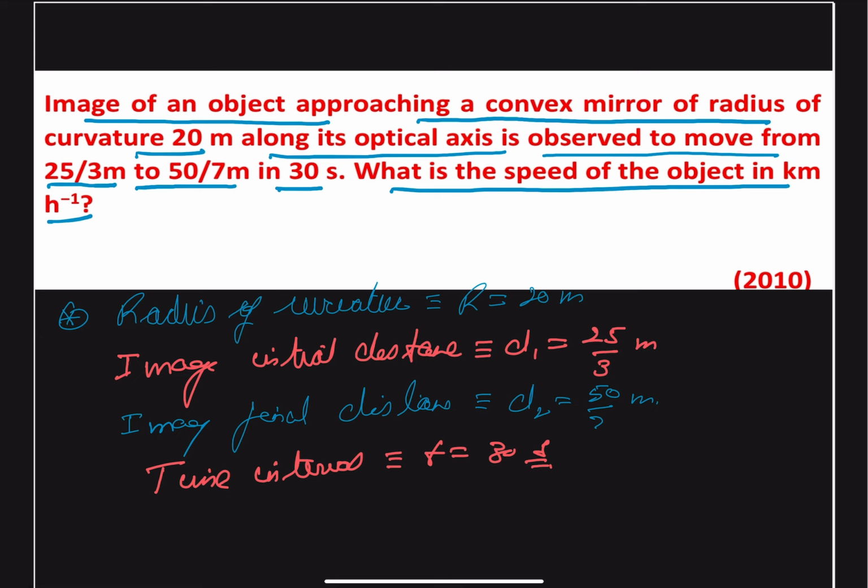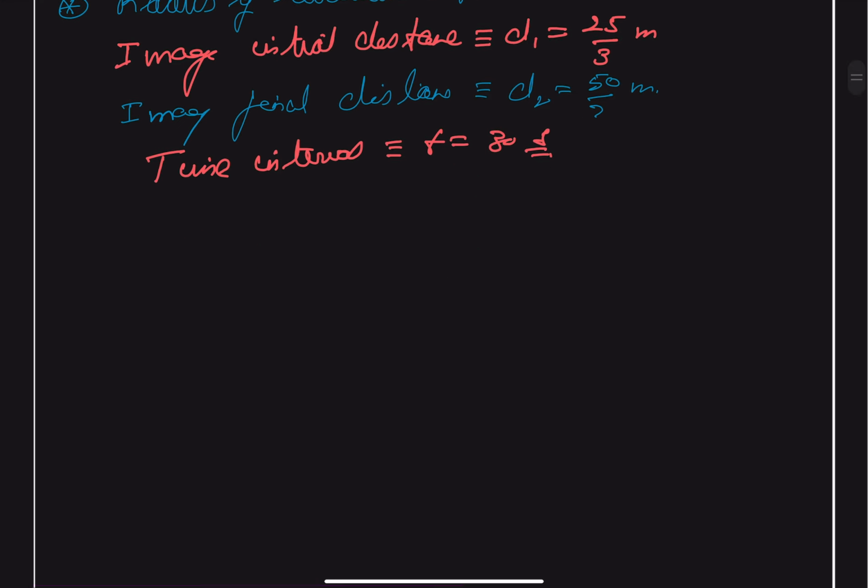So based on the radius of curvature, we can easily find out the focal length. So first we can say focal length, that is f, is equal to half of the radius of curvature, which is 20 divided by 2, giving us 10 meters.